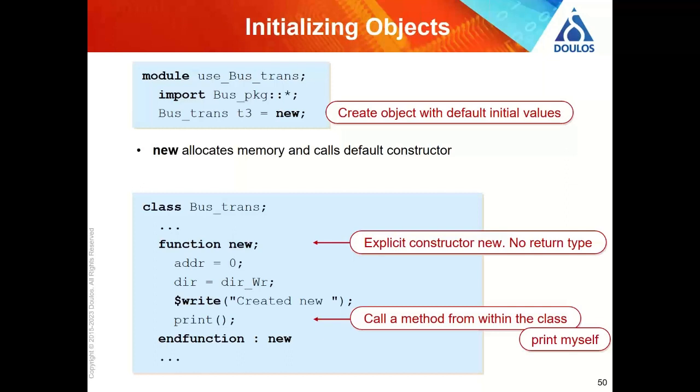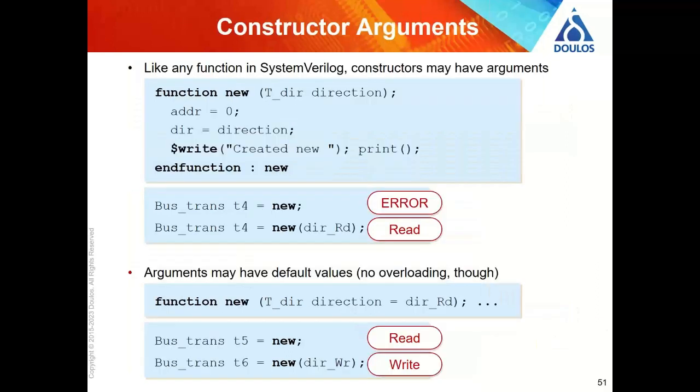So every time we call new, that function now gets called. Okay, so that's now going to create our new object and initialize it. We can also create a function new, and just like other functions in Verilog and SystemVerilog, add arguments. So that gives us greater control over how objects are going to be initialized.